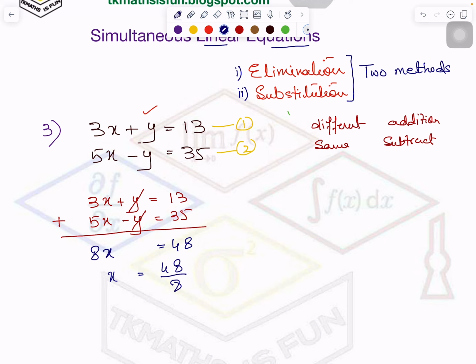What will it be? Do you know the table of 8? Tell me quickly. Six. 8 times 6, 48. This value of x you will plug into either equation 1 or equation 2 to get the value of y.